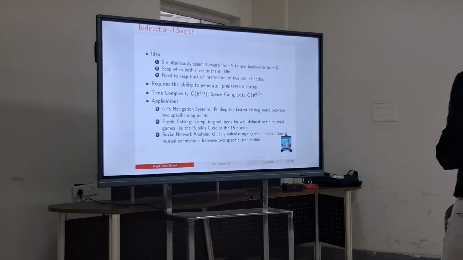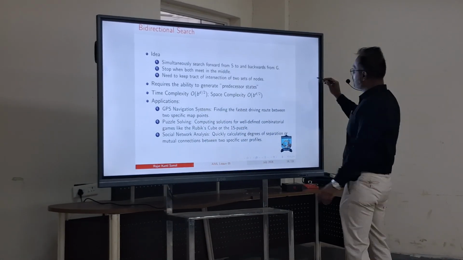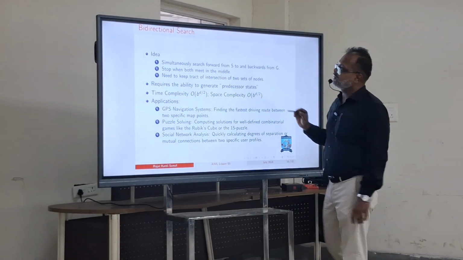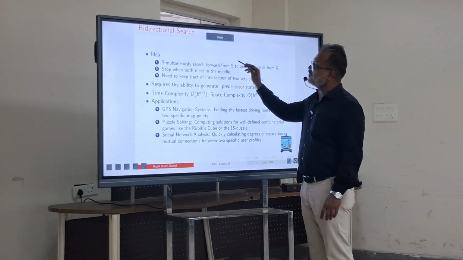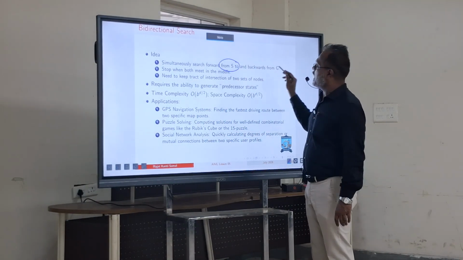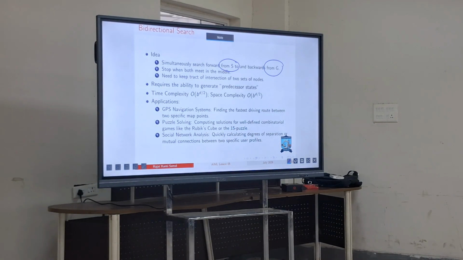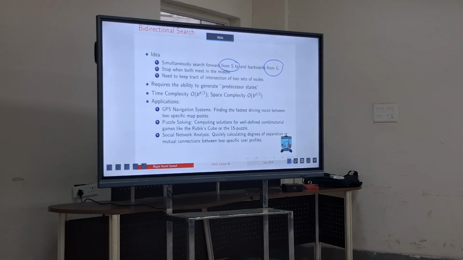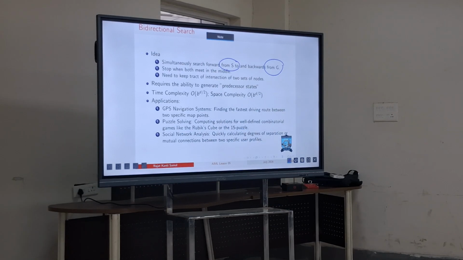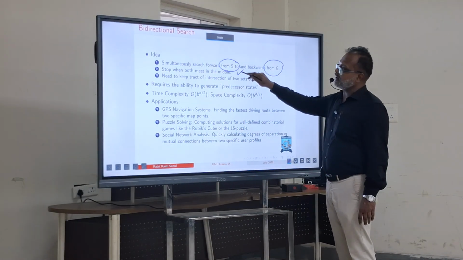So what is the idea? The idea for bidirectional search is to simultaneously search forward from the start node and backwards from the goal node. Here you know the goal node, so you are very thorough about it and you can do backtracking. That means a proof kind of problem. Stop when both meet in the middle.